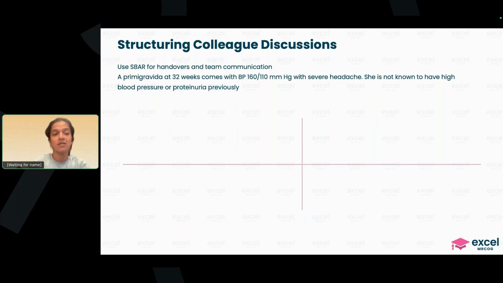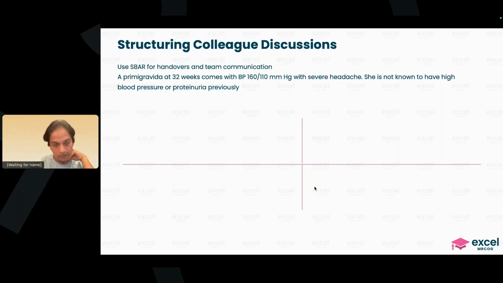So the situation becomes the most urgent point. What is the most urgent? Can anybody do the SBAR in this case? May I? Yeah, sure. The situation is high blood pressure with a severe headache, with the background that she is a primigravida at 32 weeks gestation, not a known case of high blood pressure and proteinuria.